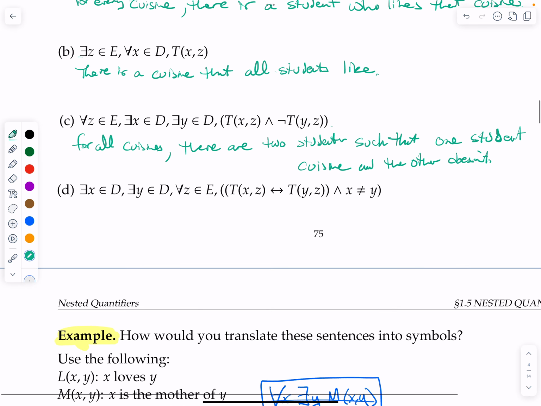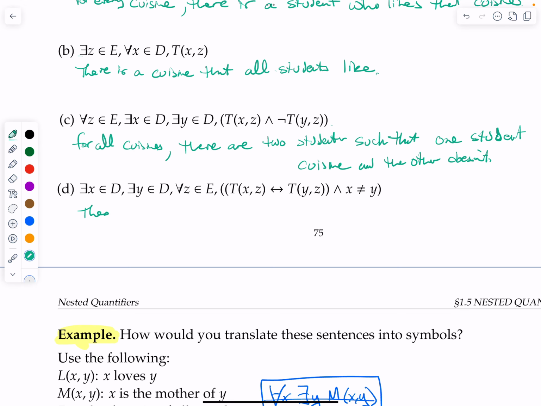Finally, there exists a student, there exist two students.